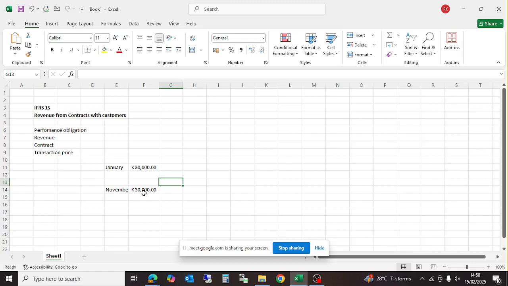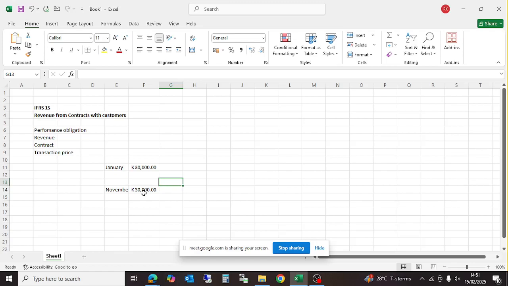Now that we understand what performance obligation, revenue, contract, and transaction price are, there are also some other terminologies you're supposed to understand. For instance, variable consideration, which is the part of the transaction price that may vary due to discounts, refunds, incentives, or penalties. Control is the ability of the customer to direct the use of an asset and obtain its benefits.